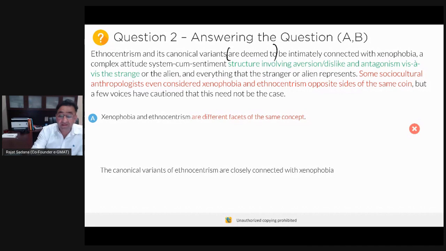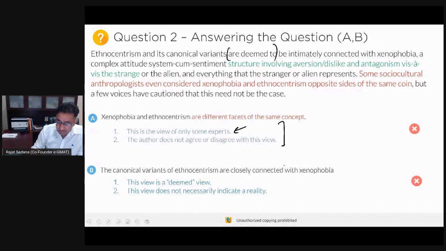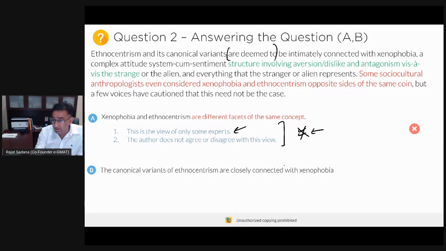The author is not saying that they actually are. This is the view of some experts. This is not the author's view. The author does not either agree or disagree with this view. So we cannot say with 100% certainty that this indeed is the correct answer. For those of you who chose this, do you now understand why this is incorrect?